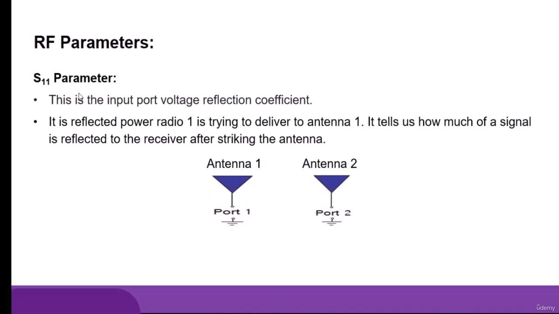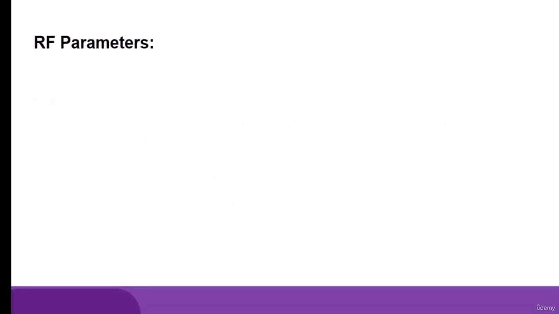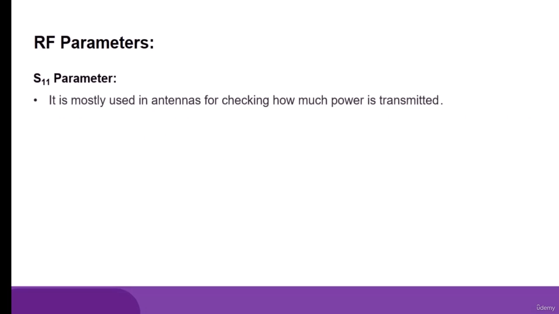They describe how much signal is reflected after striking the antenna. Now, the most useful antenna parameter for checking how much power is transmitted is the S11 parameter, which tells about the power transmitted and reflected. This is a crucial point regarding the S11 parameters.